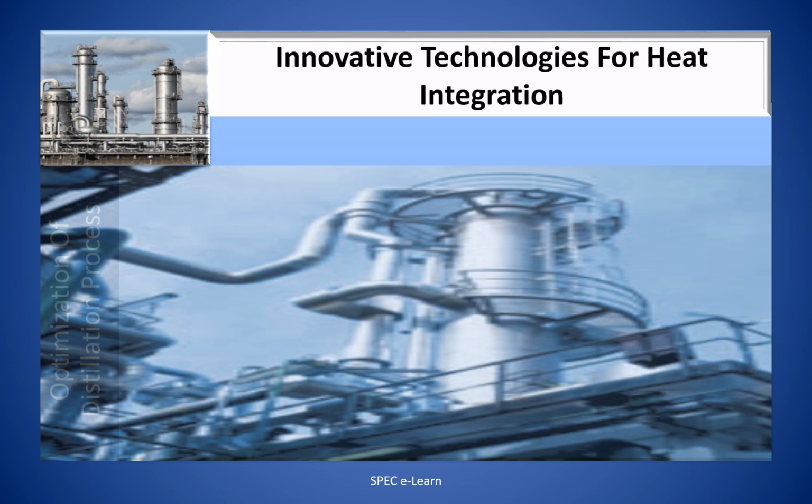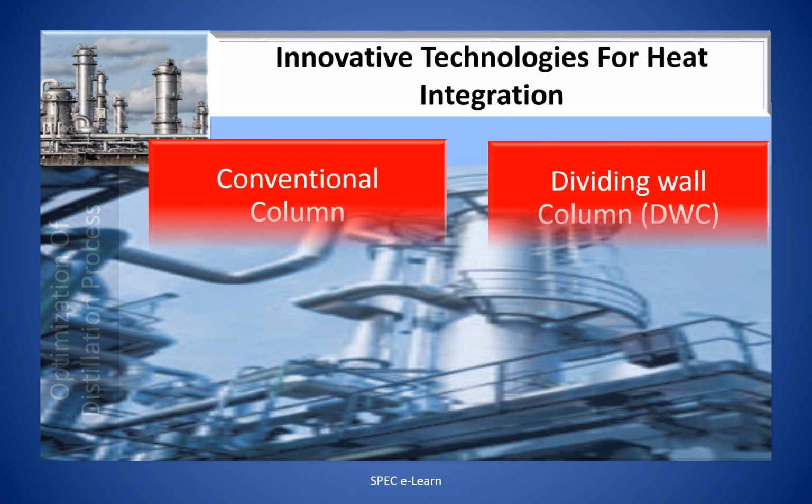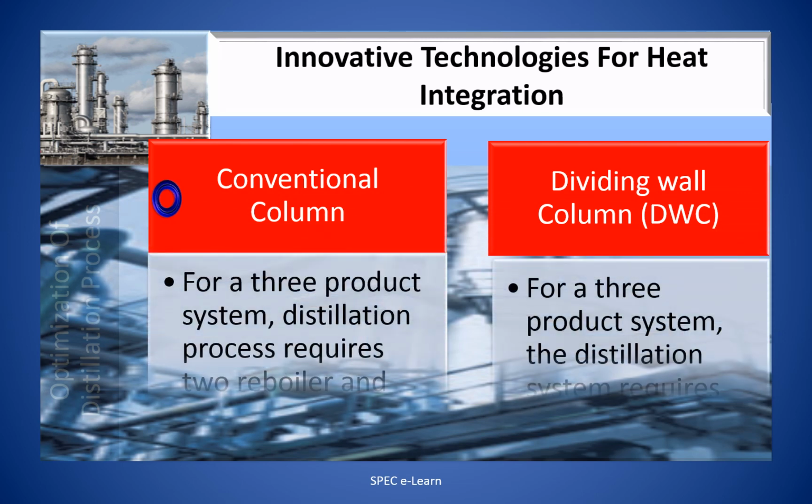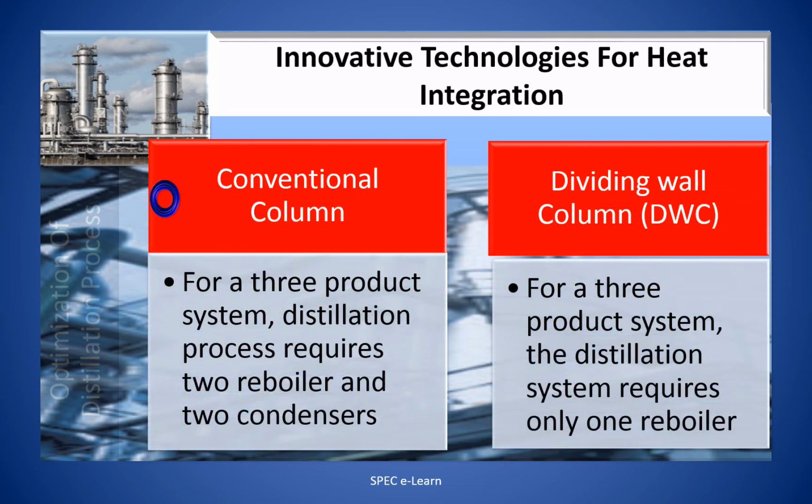Here you can see the difference between the conventional column and dividing wall column. In the case of a conventional column, for a 3-product system, the distillation process requires 2 reboilers and 2 condensers. In the case of dividing wall column, for a 3-product system, the distillation system requires only 1 reboiler.